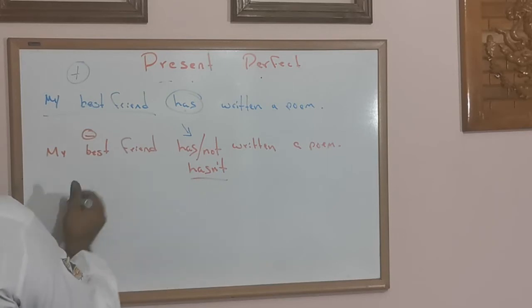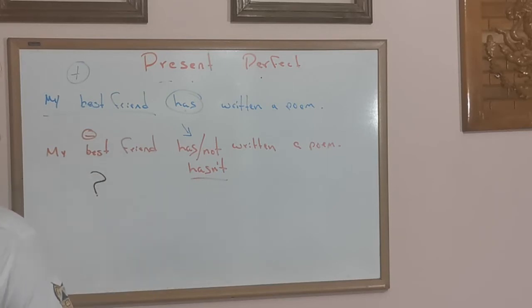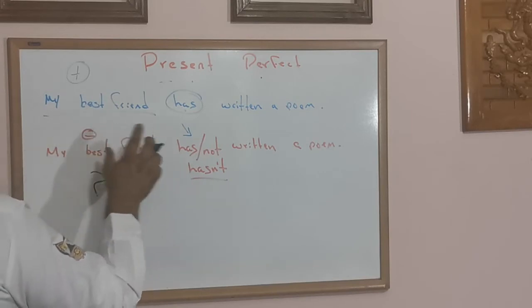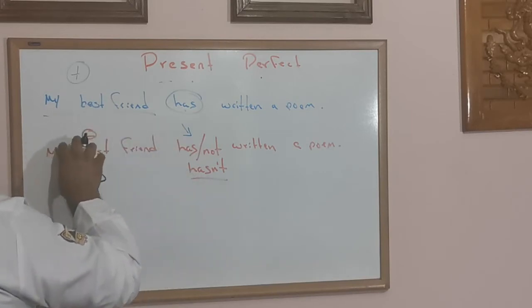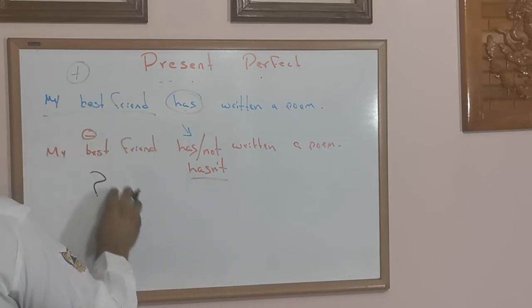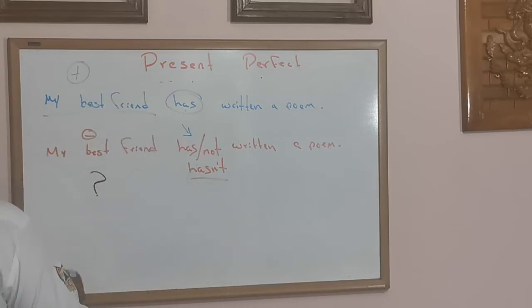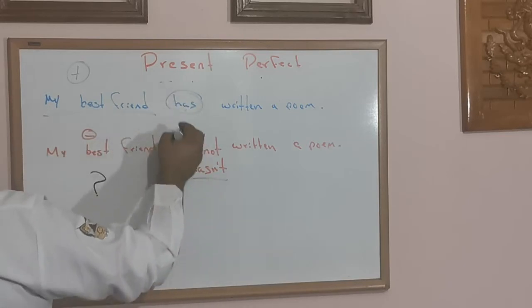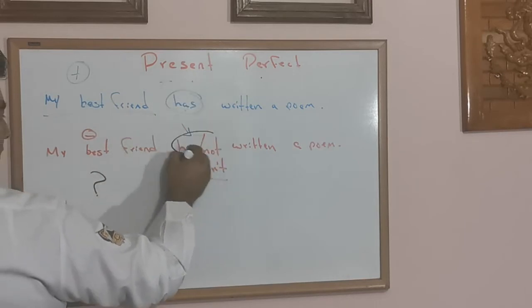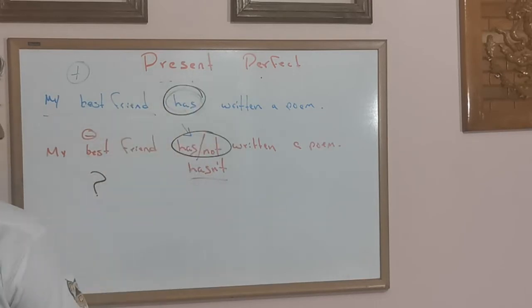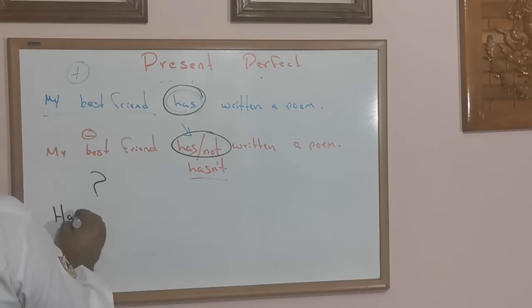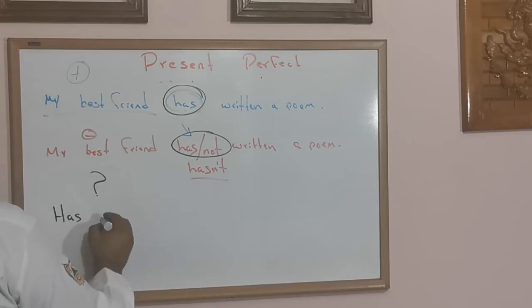What happens when you use a question? When you use an interrogative form? So remember, all questions have auxiliary, subject, verb. Auxiliary, subject, verb. So the auxiliary in this case is this, right? I'm gonna circle the auxiliary. So I'm gonna start with the auxiliary, and then it says has who?